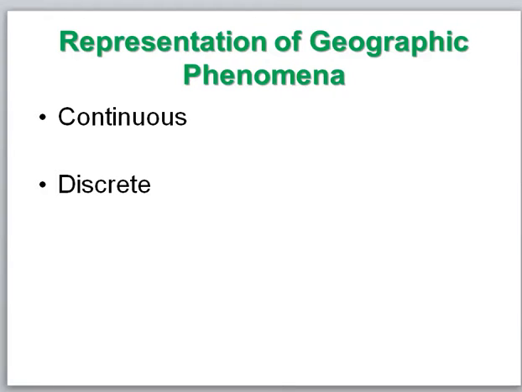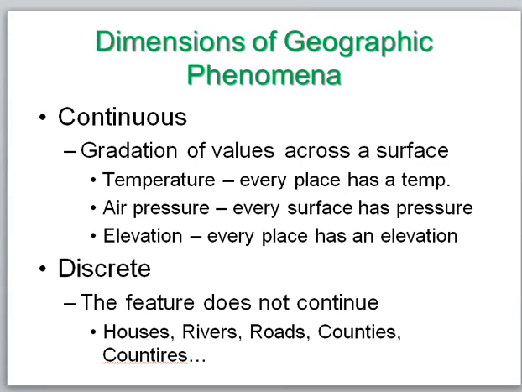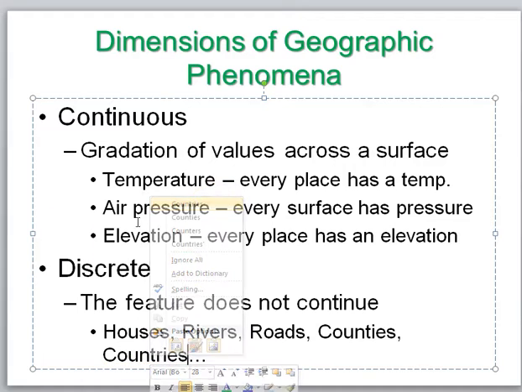One thing that can be used to describe data is also how it moves across the landscape. So whether it's continuous data or discrete data. Generally, continuous data is present no matter where you are across the landscape.